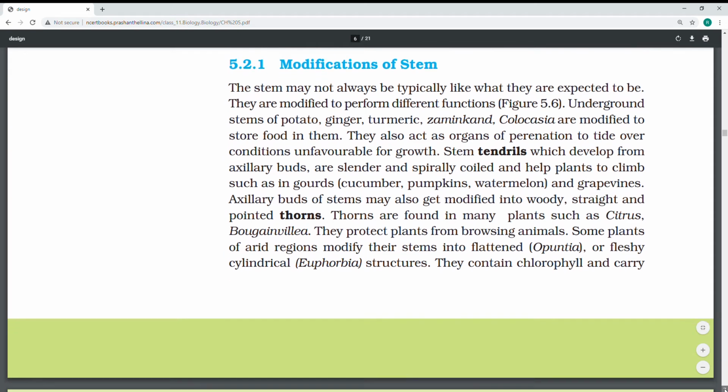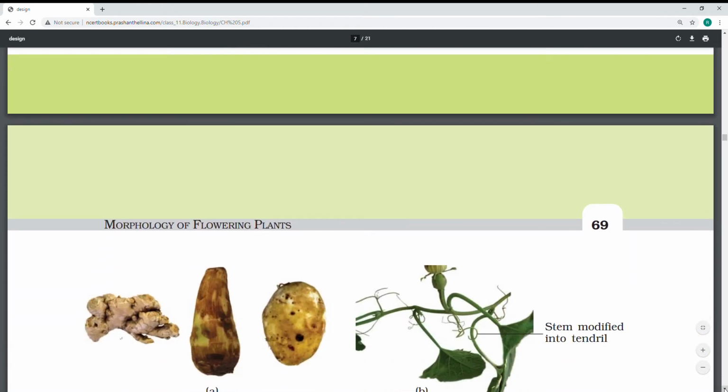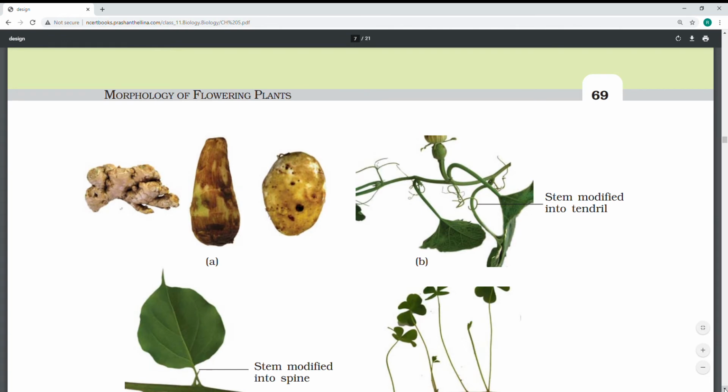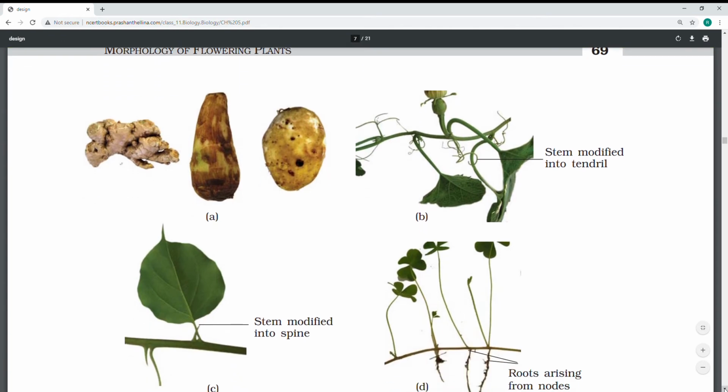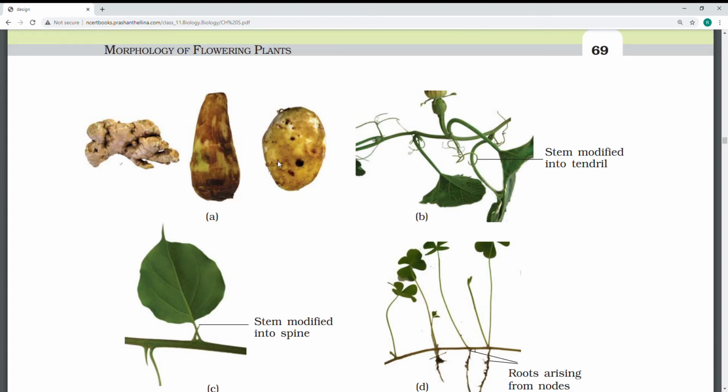So the diagrams, I'm waiting. If you see these diagrams carefully, the first one, the A column, are underground stem modifications. For example potato, this is colocasia and this is ginger. These are for perennation and store food; we can eat these.